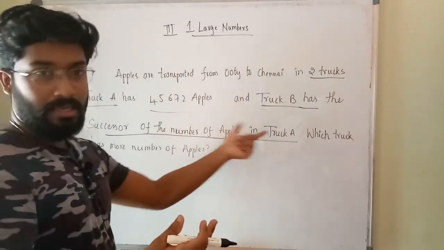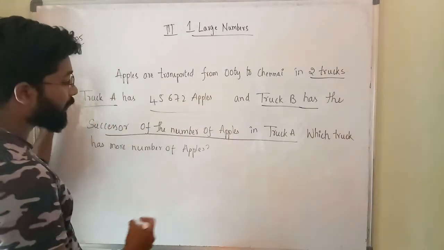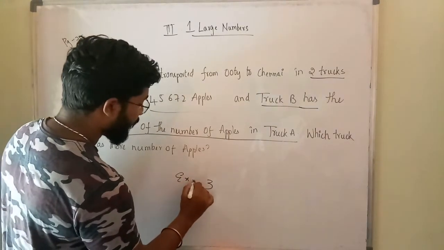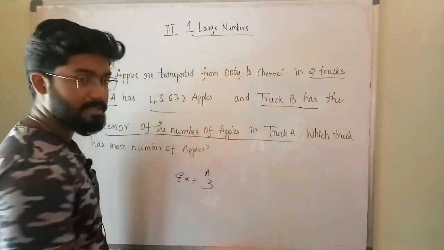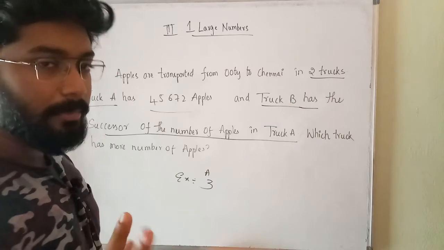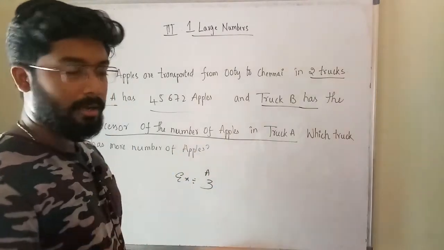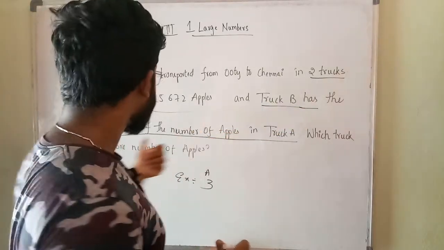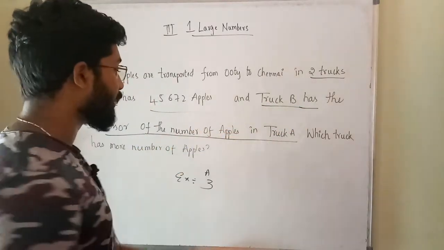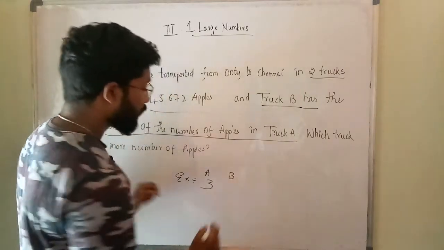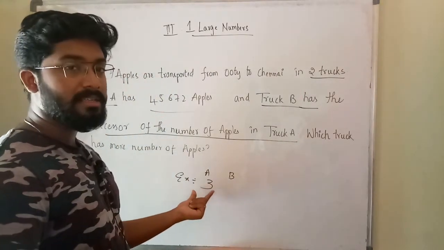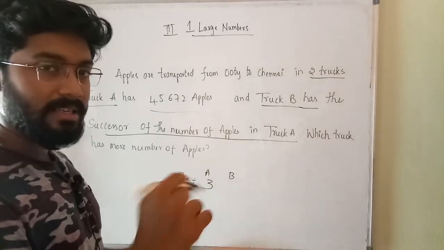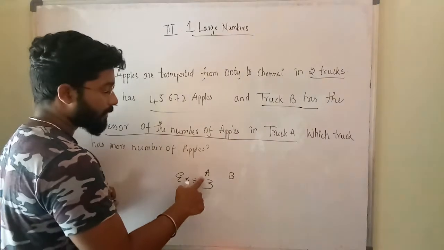If truck A is having 3 apples, for example, I am saying in smaller numbers, truck B has the successor of the number of apples in truck A. So A is having 3, and the successor of 3 is 4.